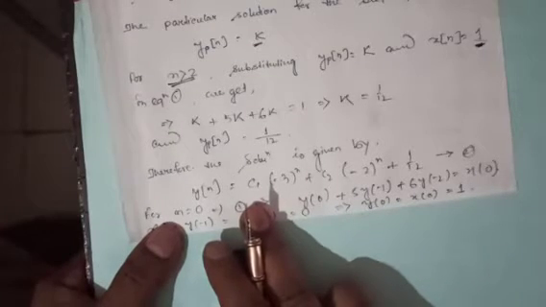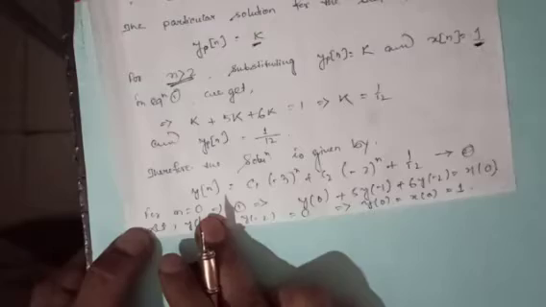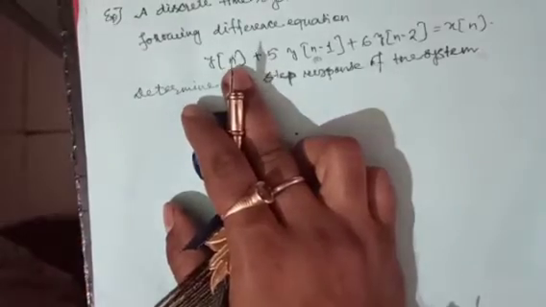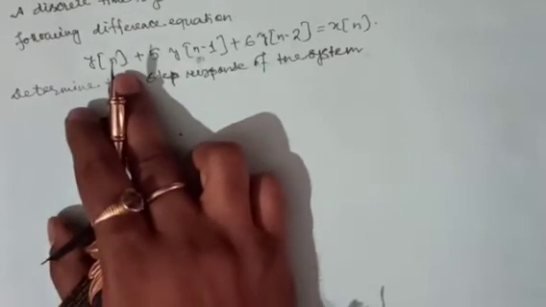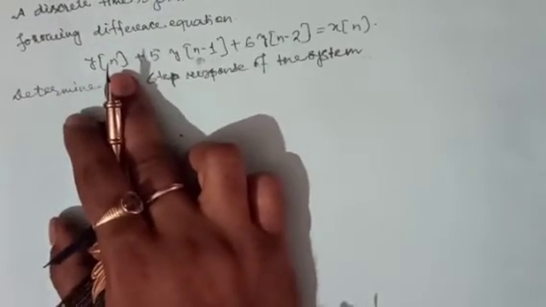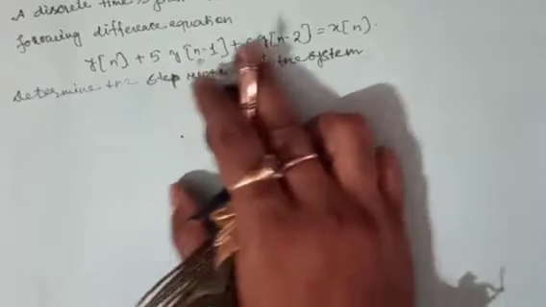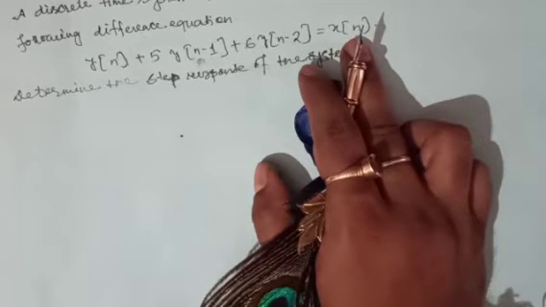We have to calculate C1 and C2, right? For that, n is equal to 0. So let me put n equal to 0 in the given equation. What you will get is y of 0 plus 5 y of minus 1 plus 6 y of minus 2 equals x of 0.